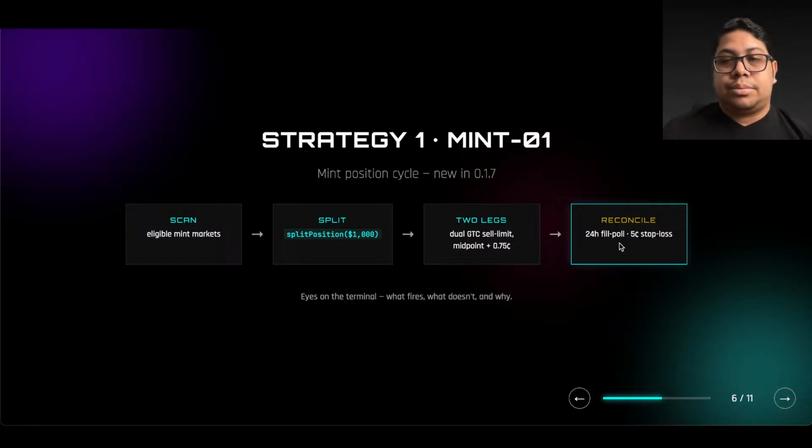It's going to reconcile. So if there is no movement, it's going to bring the position back to the stable amount, and it's not going to be in the open position any longer. It's going to close the position and get back the funding. And that's one of the options.